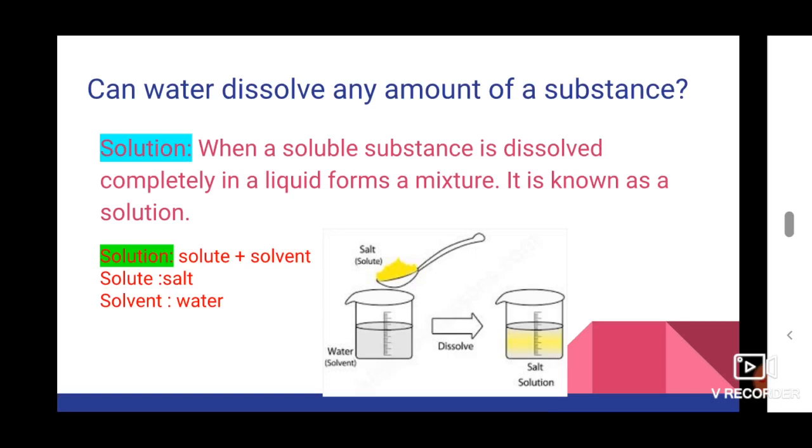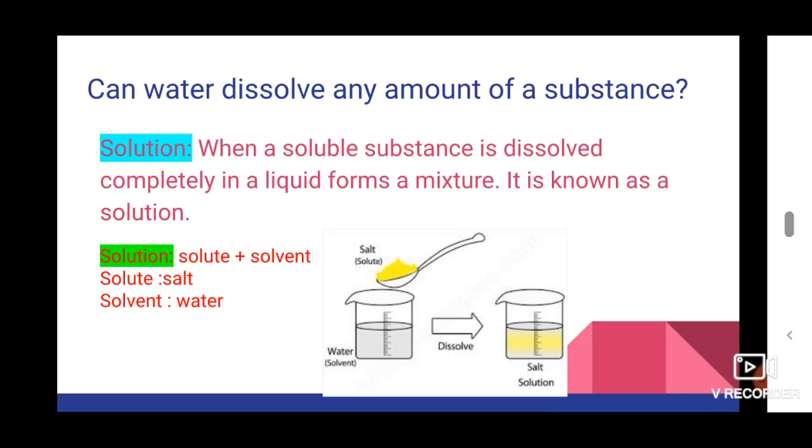So, in this solution, we continuously add the solute. For example, if we add 1 teaspoon of sugar or salt in the beaker, after it completely dissolves, again you add 1 more spoon.